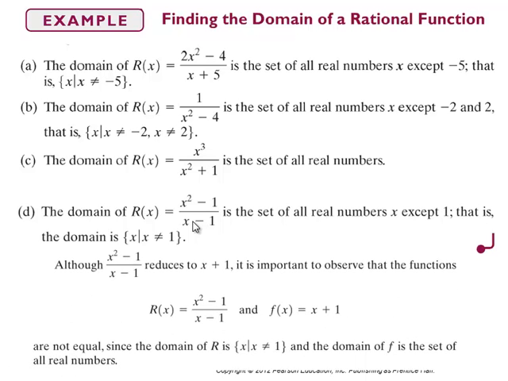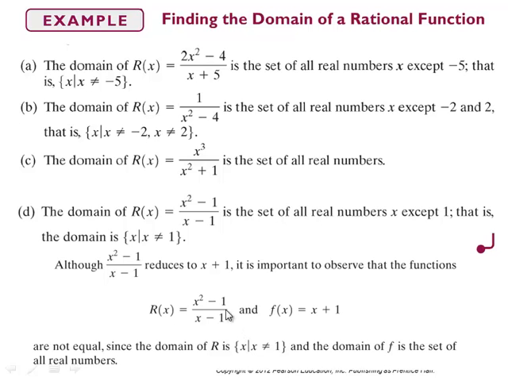Now, for this function from part D, even though you can factor the numerator and cancel a factor of x minus 1, and you have this equivalent function x plus 1, this function x squared minus 1 over x minus 1 is still undefined at x equals 1.